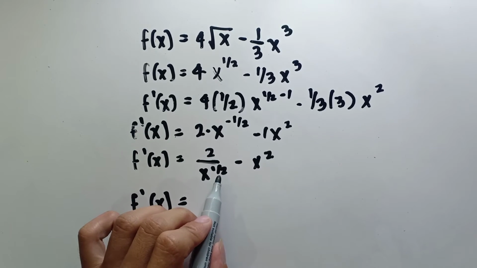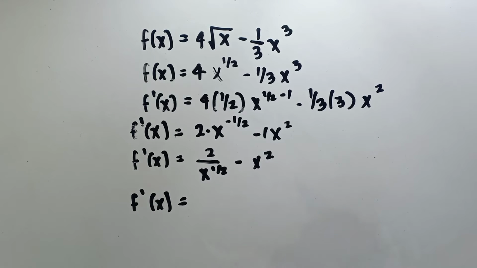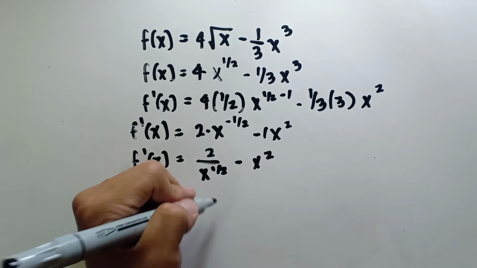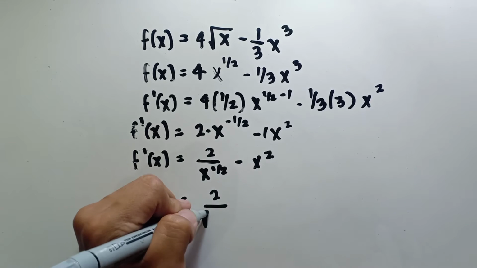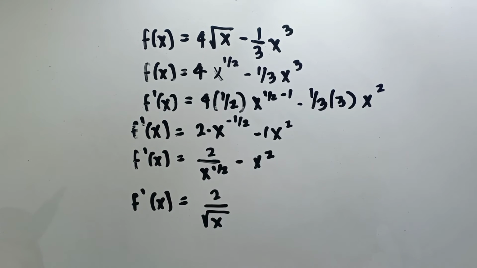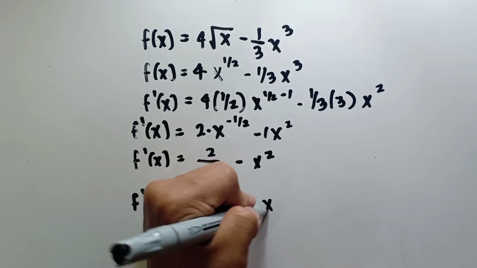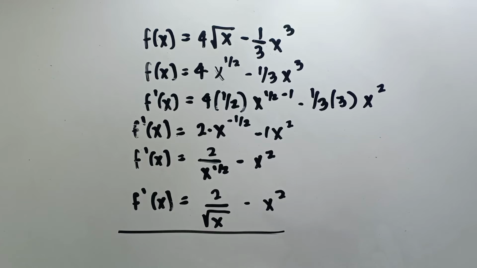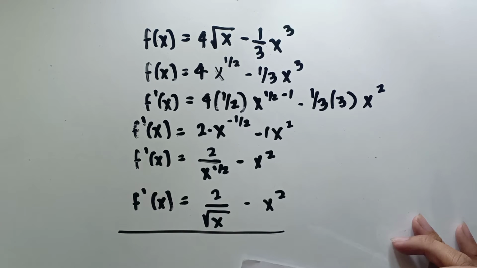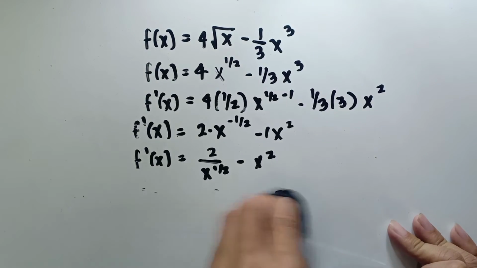We can convert this fraction exponent form into radical form, so we can attain the proper simplest form. So this is the derivative of the function f of x is equal to 4 multiplied by square root of x minus 1/3 x raised to cube. So guys, let's proceed to the last example.